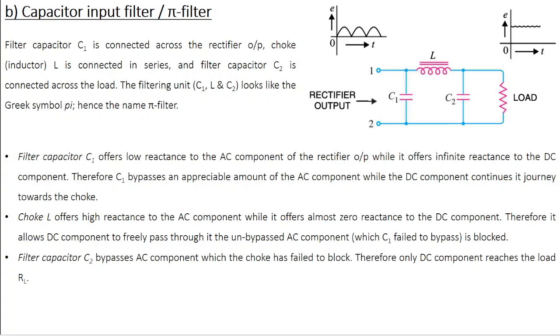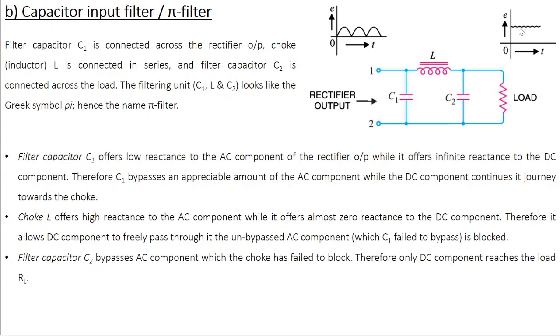So this is the ideal situation, but in any practical circuit, the filter capacitor C2 will not be able to bypass the entire AC component. So a tiny amount of AC will be there across the load as well. You can see in this output, this is not a 100% clean DC.